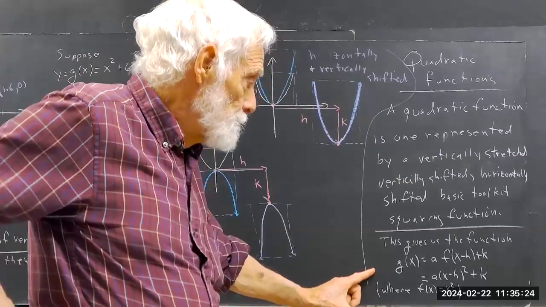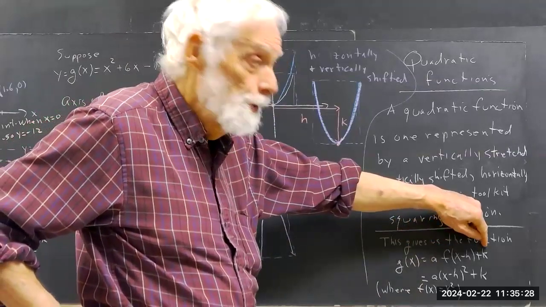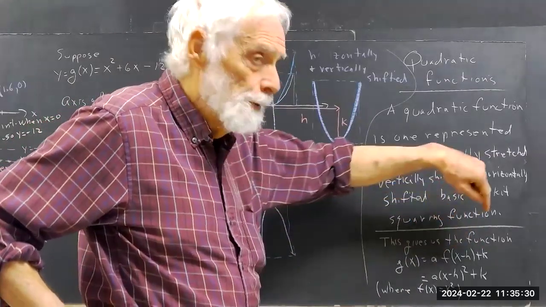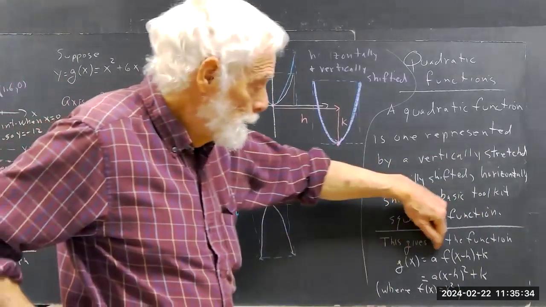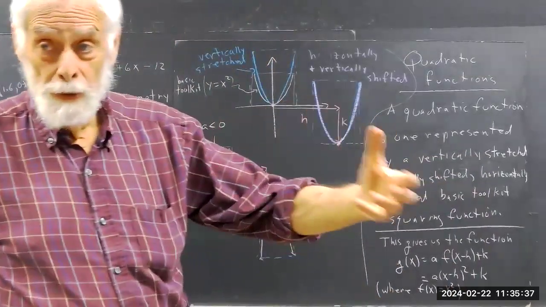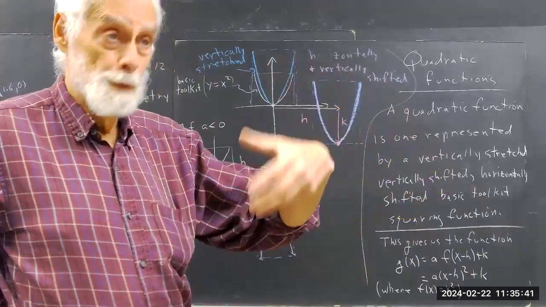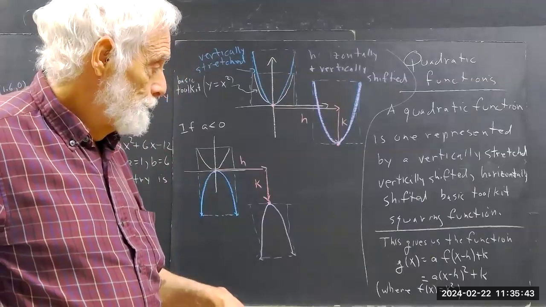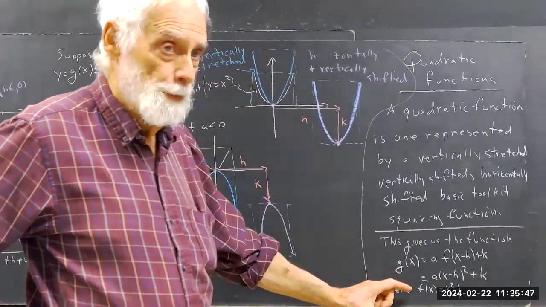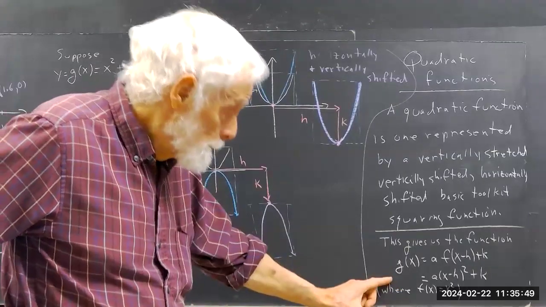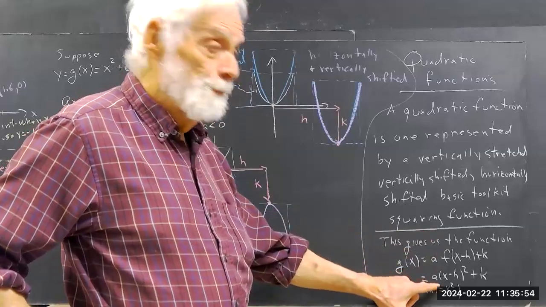Okay, now this gives us the function g of x equals a f of x minus h plus k, which we've talked about extensively, okay? So if you've been reviewing the notes and everything and preparing for the test that was due a couple days ago, and most people didn't take it, you would know what this means, okay?